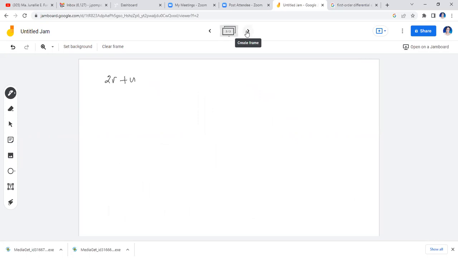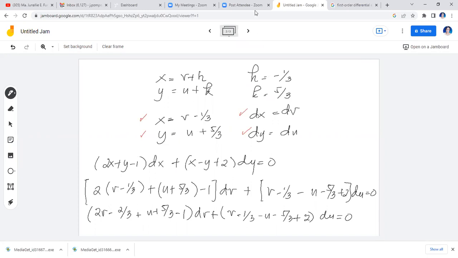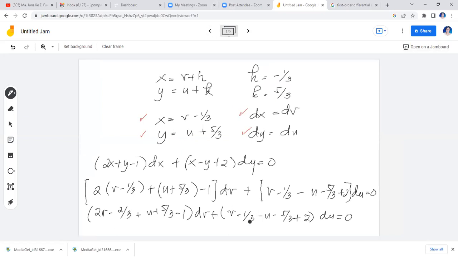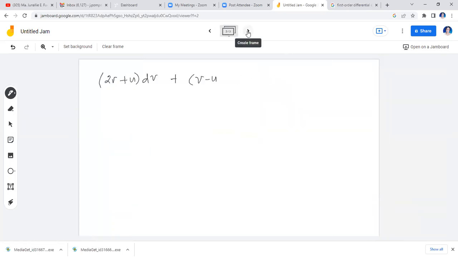Please check my addition and subtraction. Next, in here, we have v minus u. Notice I started with the variables because I need to combine the constants. So I have minus 1/3 minus 5/3, that would be minus 6/3, or minus 2. Plus 2, that would be 0.